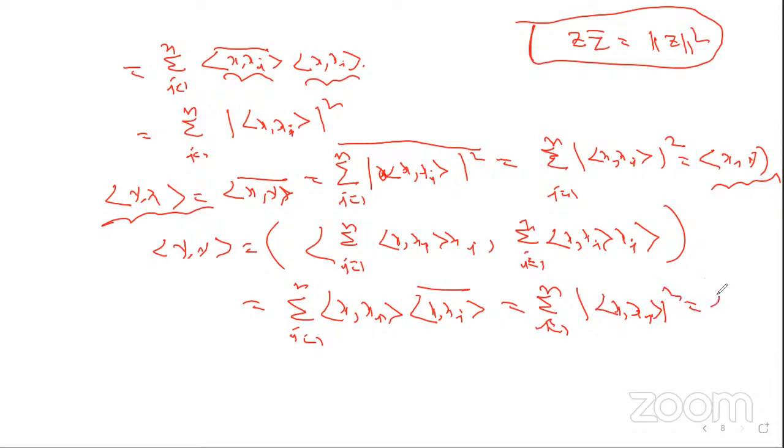That is nothing but the inner product of x comma y. So x1, x2 are the orthonormal sets, as we already discussed.